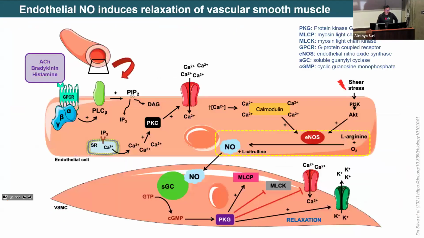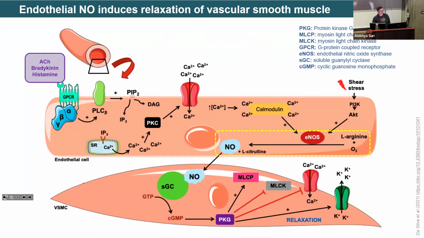All right. Now, how does nitric oxide do all of that it does? So in this cartoon, basically, the cell on top is the endothelial cell. The cell on the bottom is the vascular smooth muscle cell. So basically, on top here, you have the lumen of the blood vessel. The abluminal side is on this side.